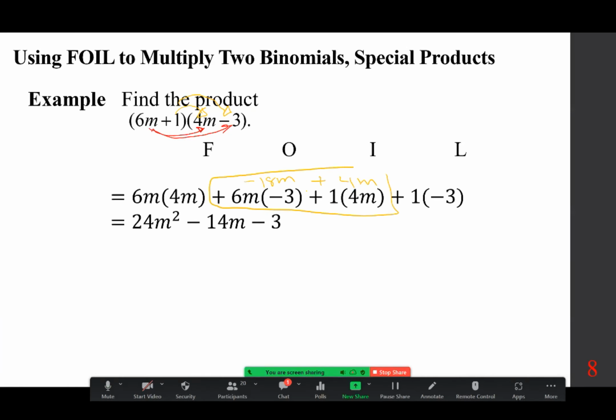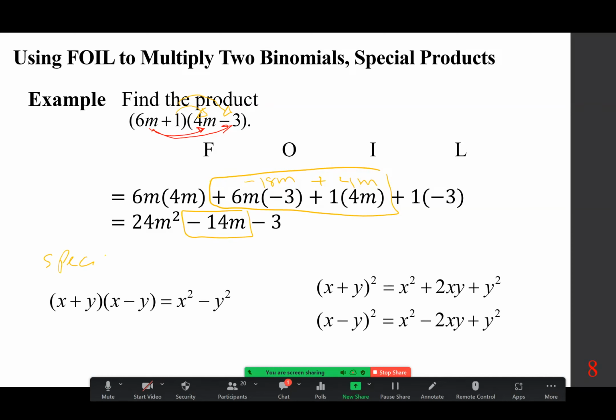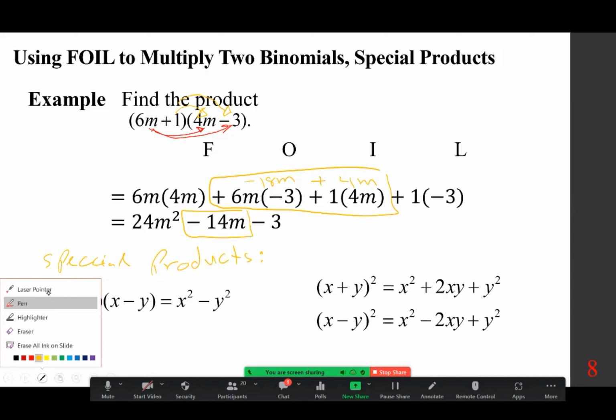These are some special products. We multiply conjugates. x plus y and x minus y are considered conjugates.